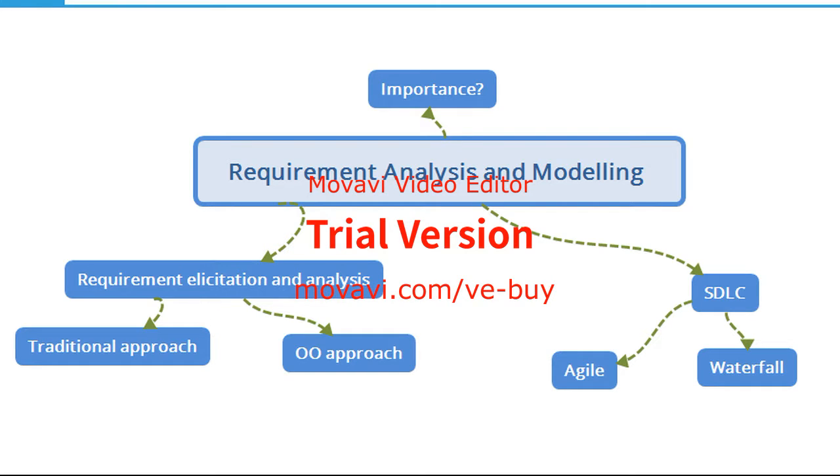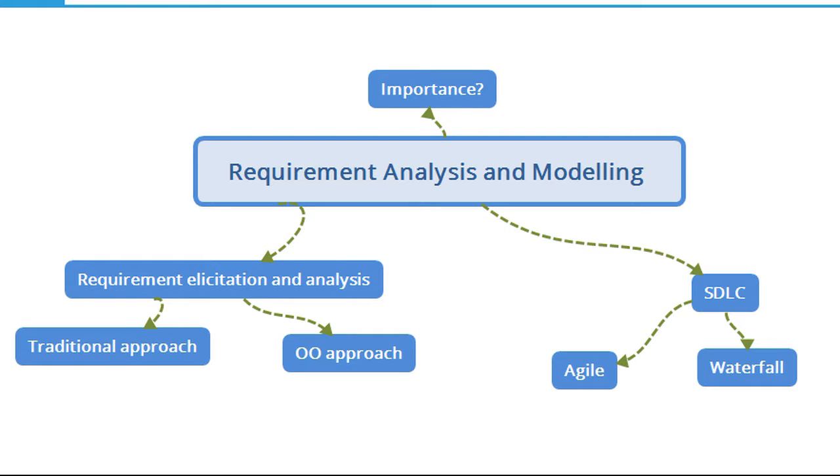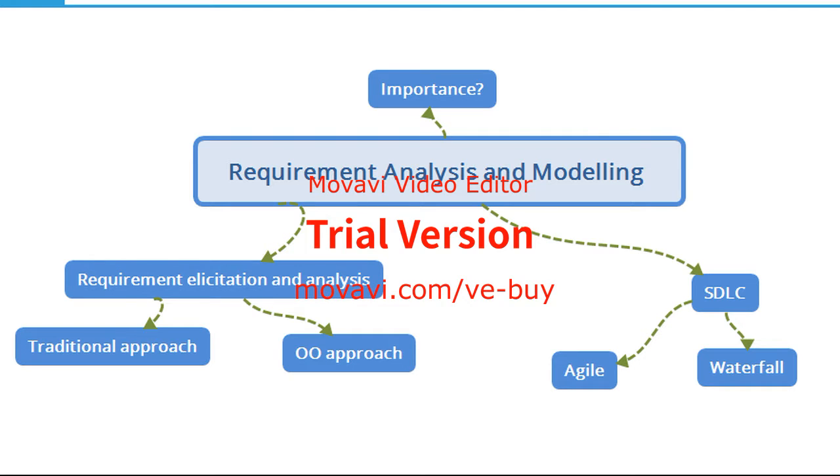And moving further on, the process of requirement gathering and elicitation can be done in a number of ways. Generally there is a traditional approach, which is the structured approach, and then there is the object-oriented approach.